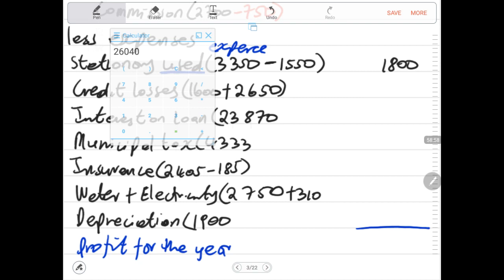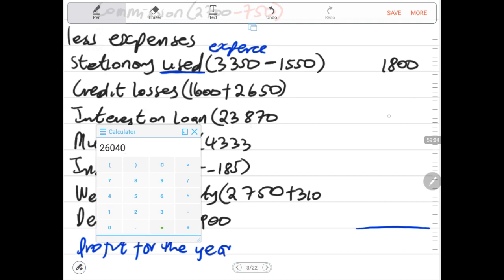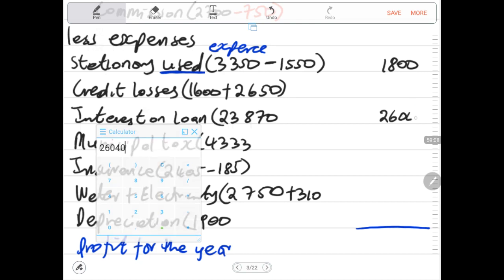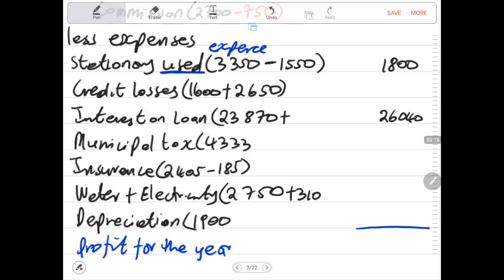Let me confidently go and record it before I do the general journal. 26,040, meaning interest on the mortgage loan total is supposed to be 26,040. If we say 26,040 minus 23,870, how much do we get? 2,170. Therefore, we say plus 2,170. And we're done with this part.